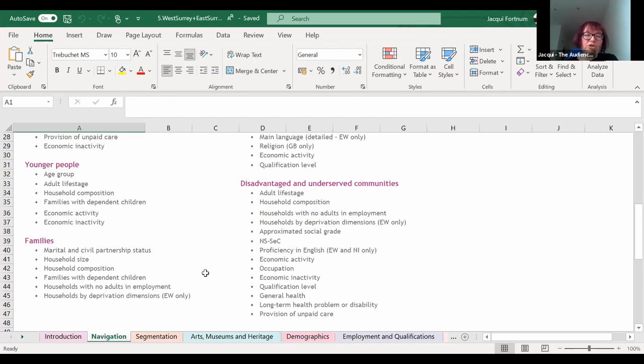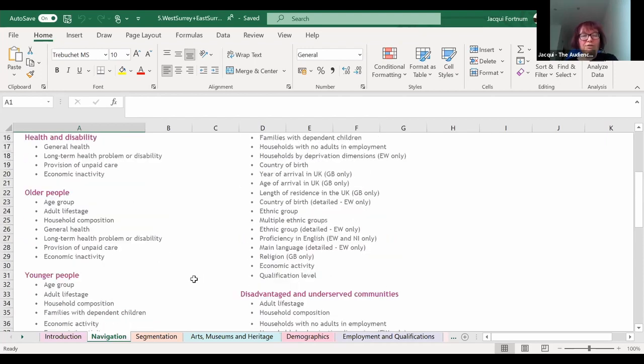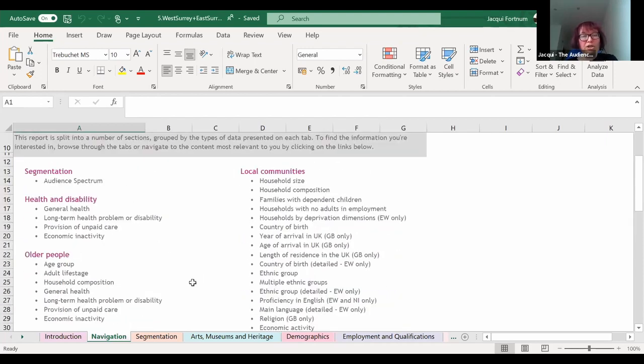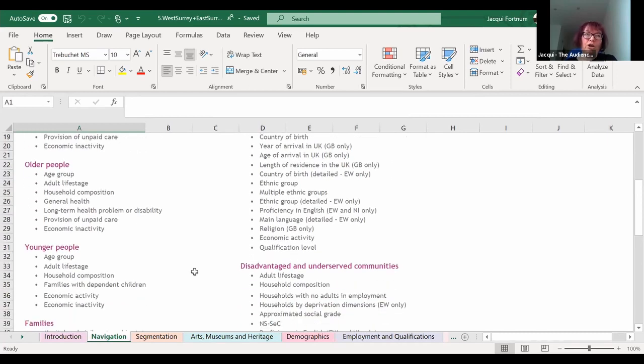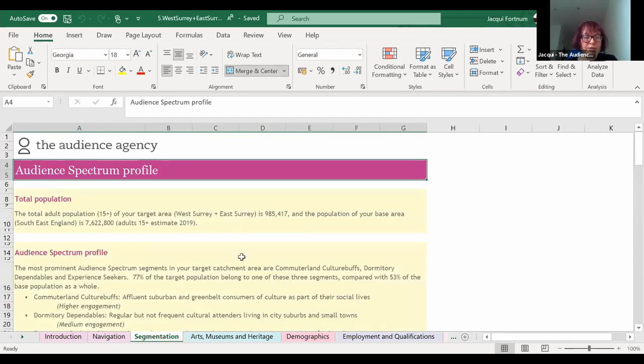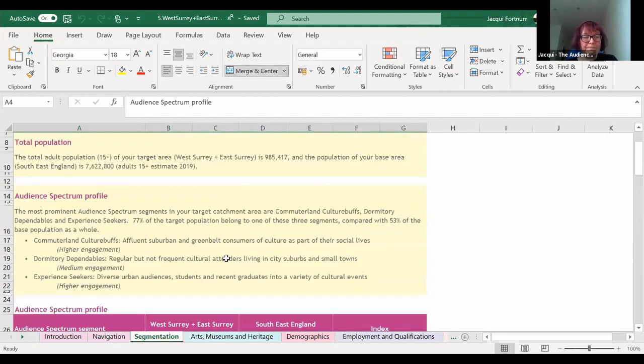So it means that when you're planning your activities or your messaging and marketing, you can be confident that the approach that you take is relevant to the people that you're aiming it at. So it's likely to be more effective. And you can make more effective use of the time and resources that you have available to make sure you're targeting the right sorts of audience with the activities that you're planning.